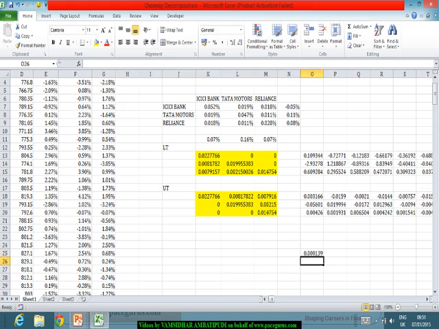Okay, the covariance is coming out to 0.00139. The same logic we can execute between the others.